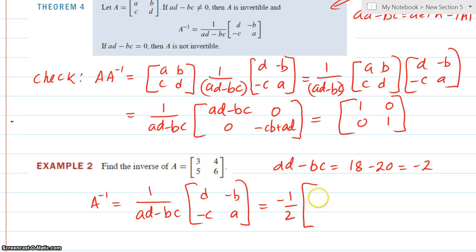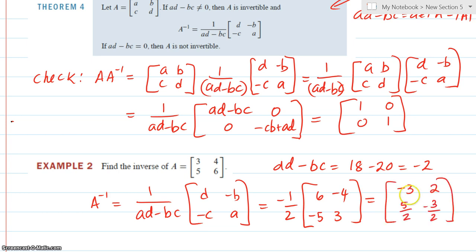So this would be the 6, and that's the 3. And then these ones we just put a negative, but we do not change them. So that would be a negative 4 and a negative 5. So you should get negative 3, 2, 5/2, and negative 3/2. You can multiply those and check to see if it indeed is the inverse both ways.